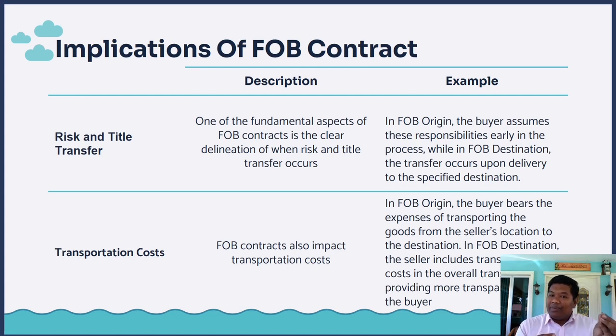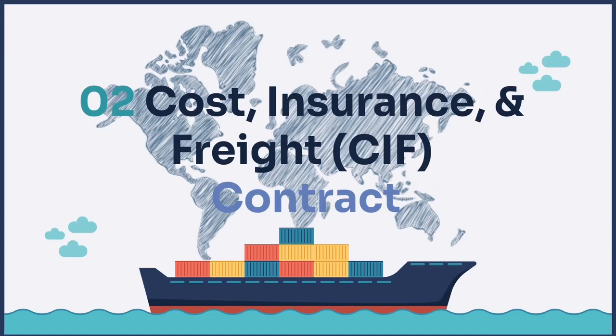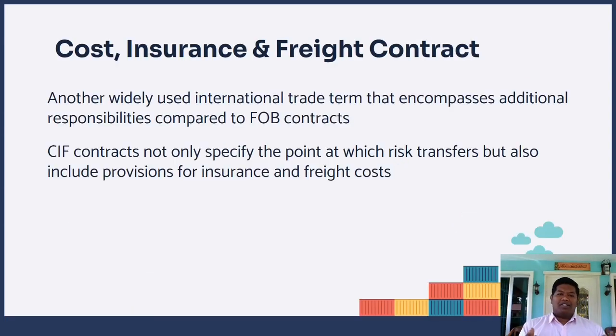And third, freight in a CIF contract: the seller again arranges and pays for the freight services, ensuring that the goods reach the destination port as per the contract terms. So basically in CIF, the seller is responsible or held liable for the cost, the insurance, and the freight of the goods from the starting point up until the destination point.